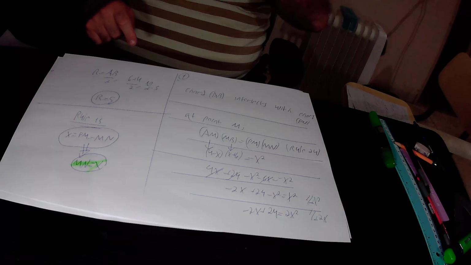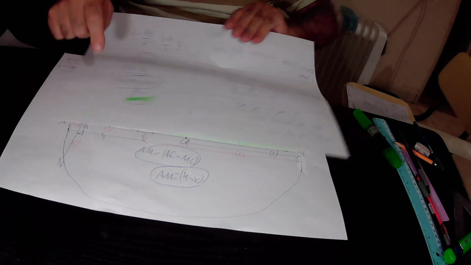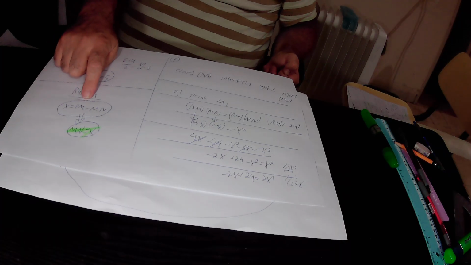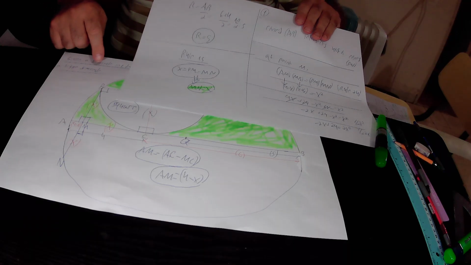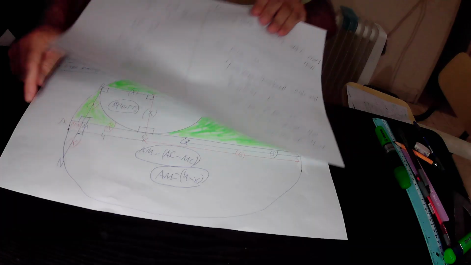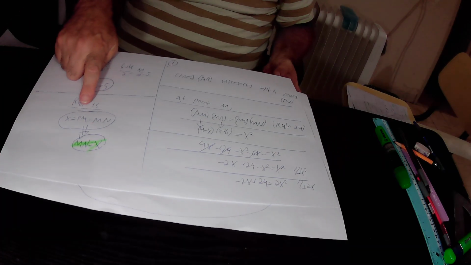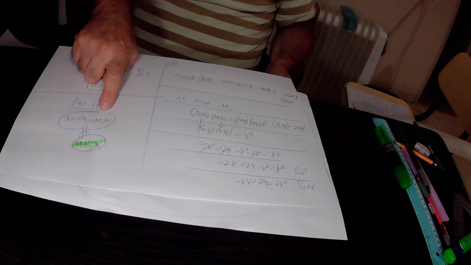So the first half of PN, that is PM, equals the second half of PN, that is MN.